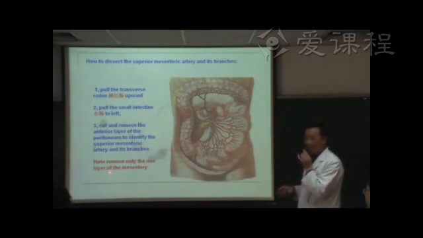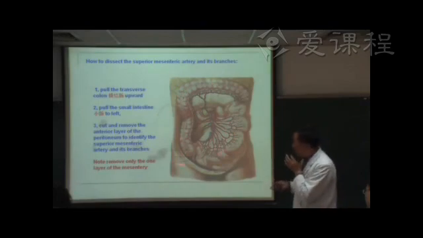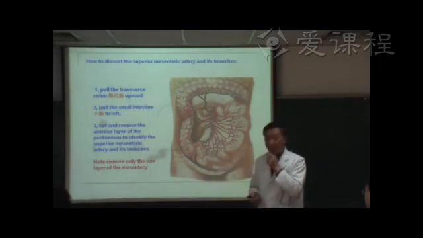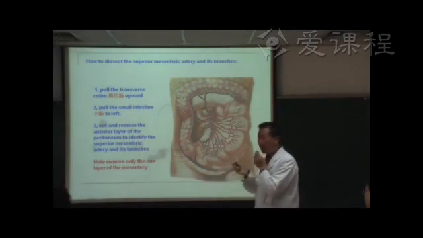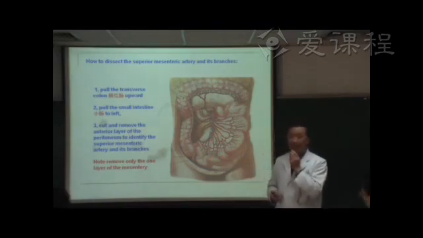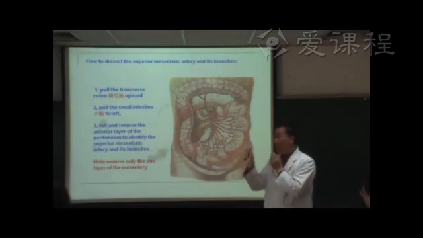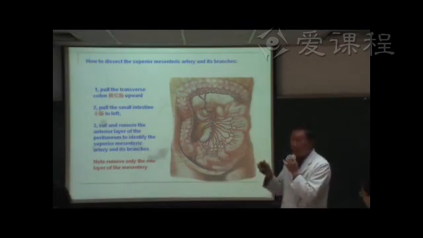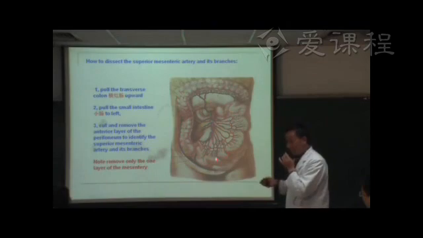Please note, remember only one layer of the mesentery. As we know, the mesentery of the small intestine consists of two layers. Between the two layers are the arteries.